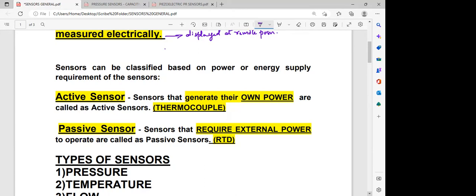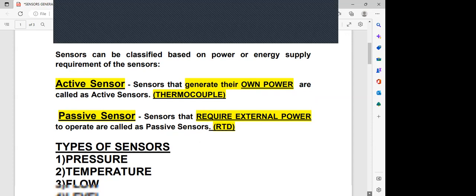A very good example is the exhaust gas temperature sensor that I mentioned. That is an RTD, or resistance temperature detector, which again we'll be discussing when we are doing the temperature sensors. Okay, so active sensor, passive sensor.